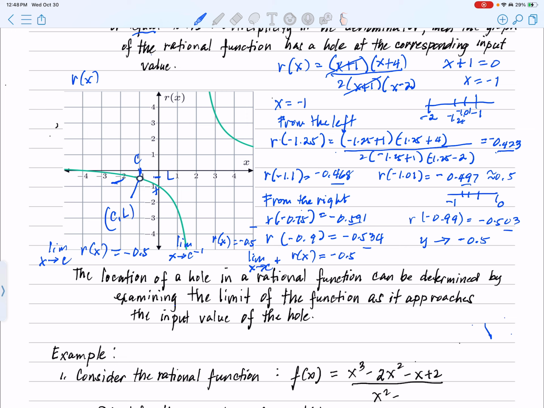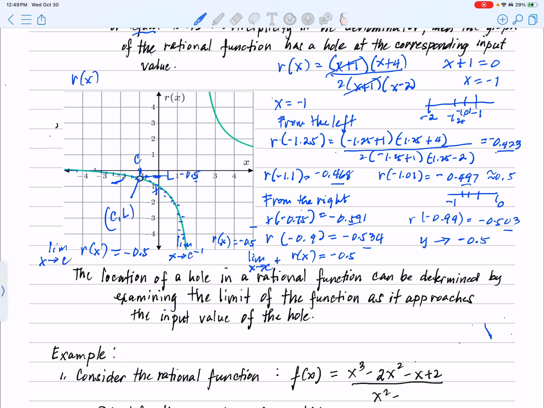Look at this. The location is -0.5. Okay? As x approaches the hole from the left, it is at -0.5. From the right, as it approaches the hole, it is at -0.5.